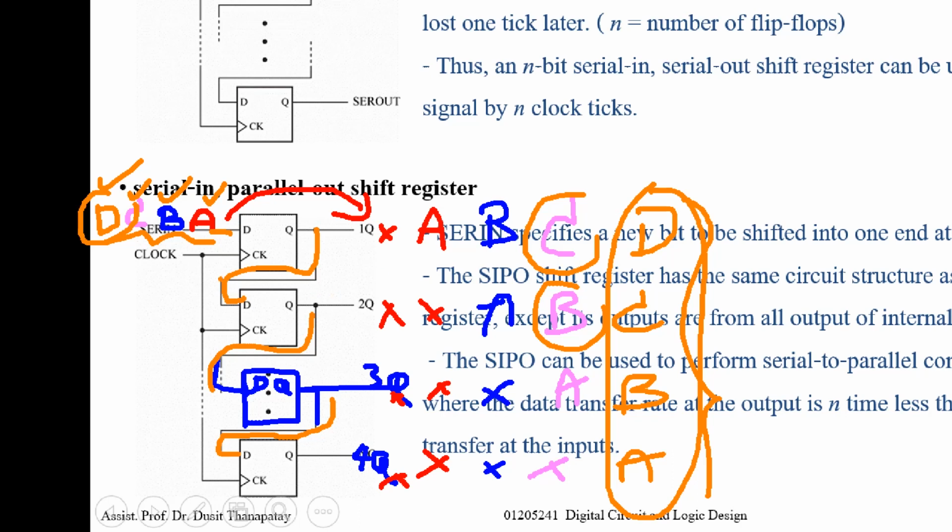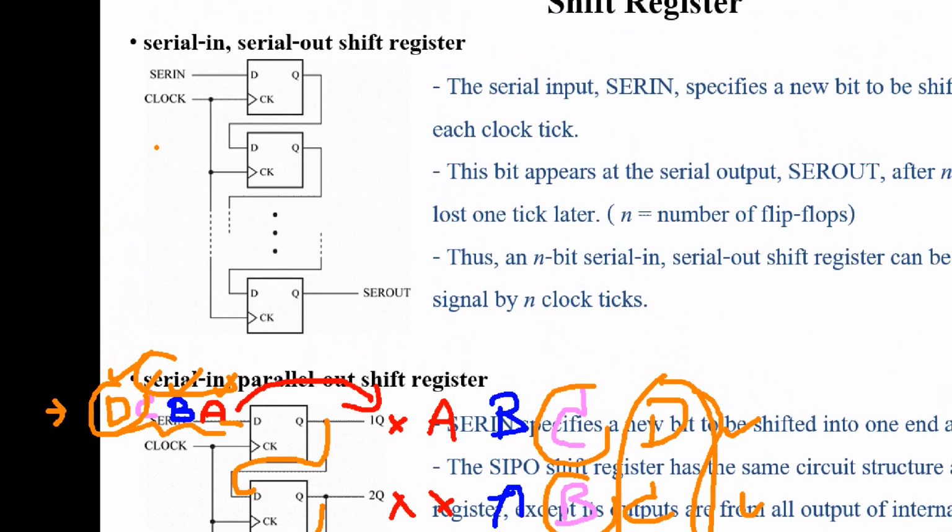That means this circuit can be used as serial to parallel: serial data is converted to parallel output data. Just some application.